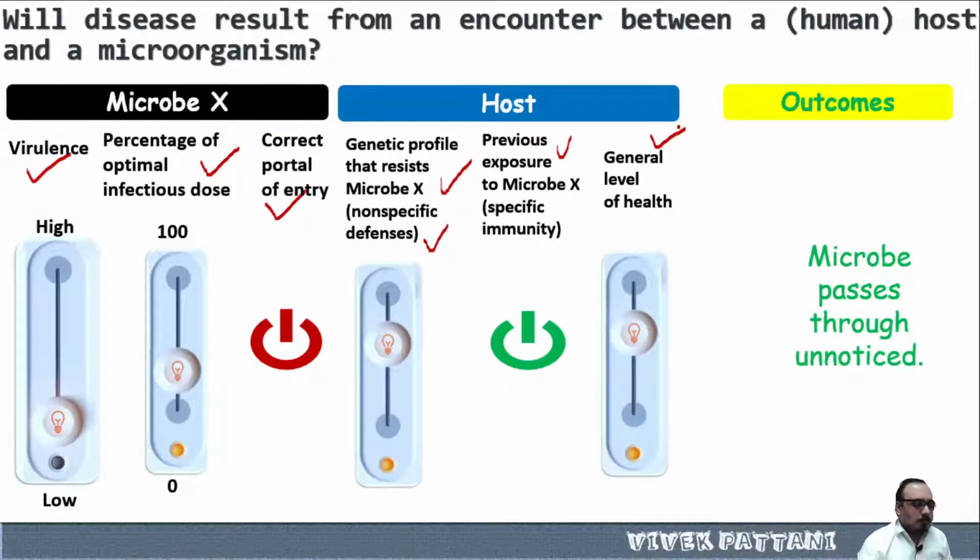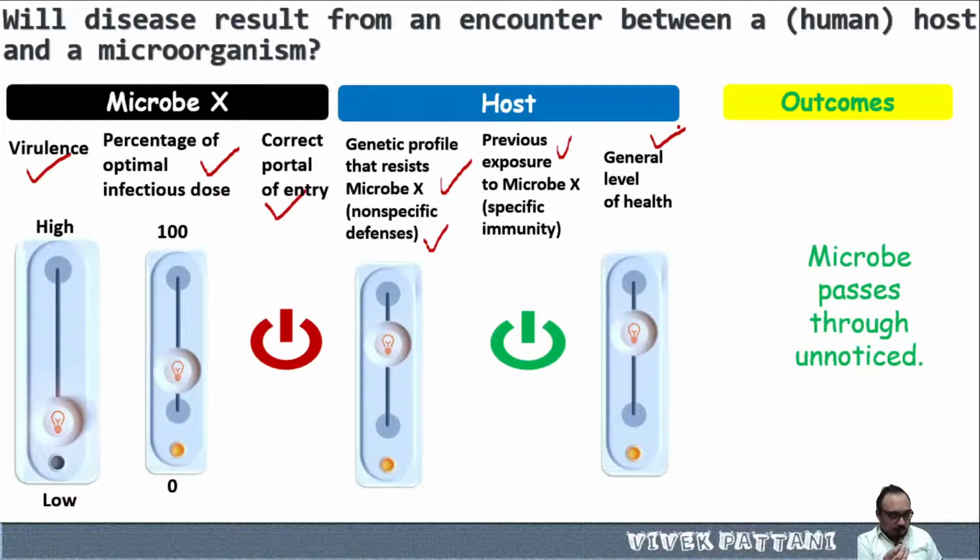Basically in this diagram, the first scenario is virulence, where the virulence of the microbe is very low. As you all know, low virulence decreases the pathogenicity of a particular microbe, and the percentage of the optimal infectious dose is also low in this case.